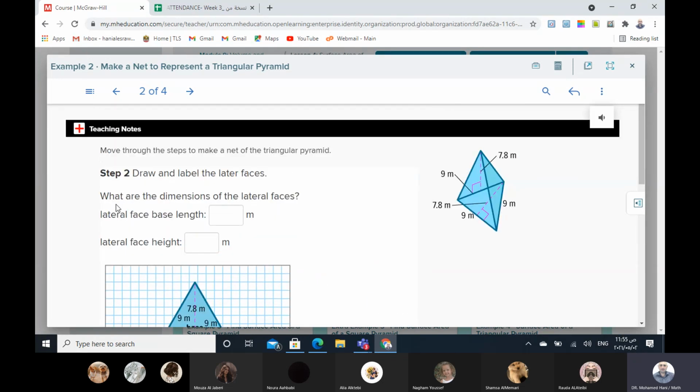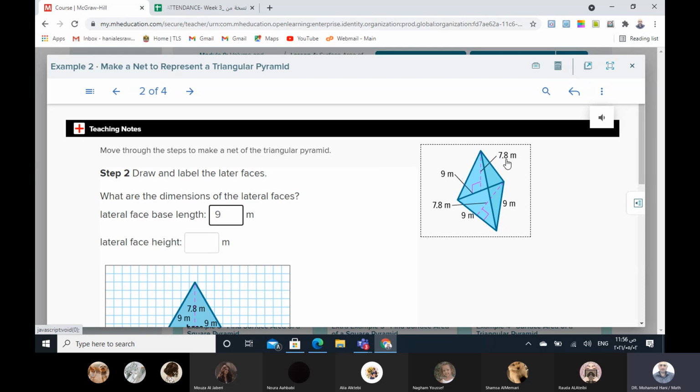Now the second step, draw and label the lateral faces. We have 3 lateral faces. So for the lateral face, the base length, as you see here, is 9, and the lateral face height will be what?